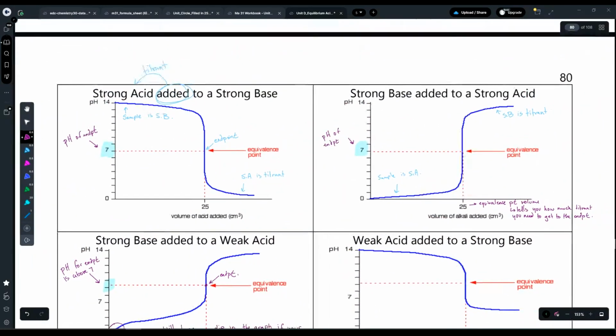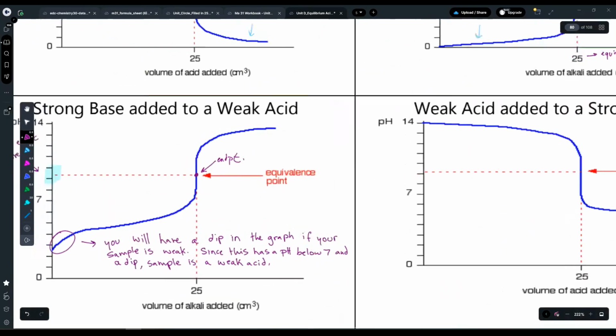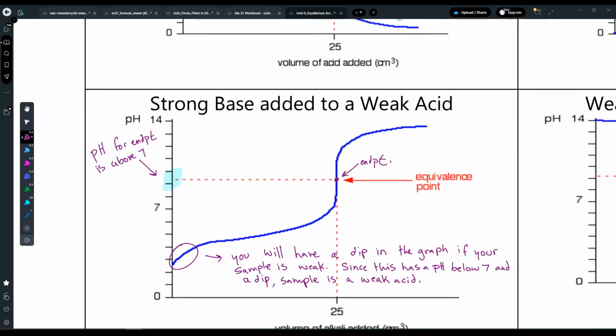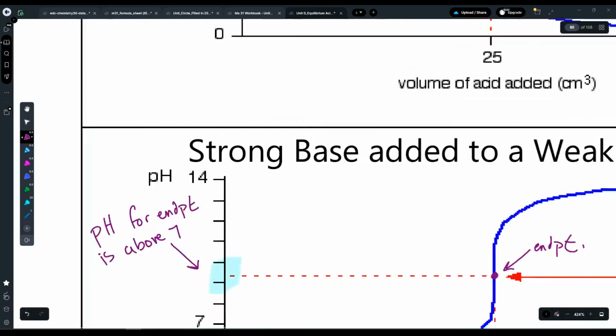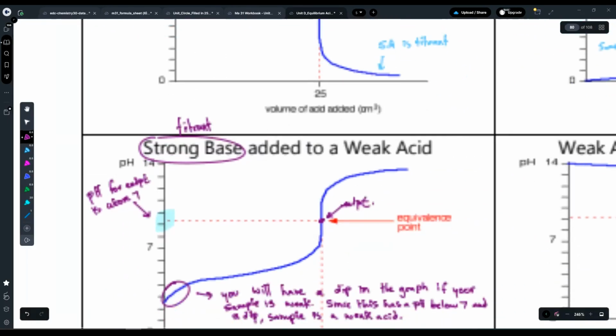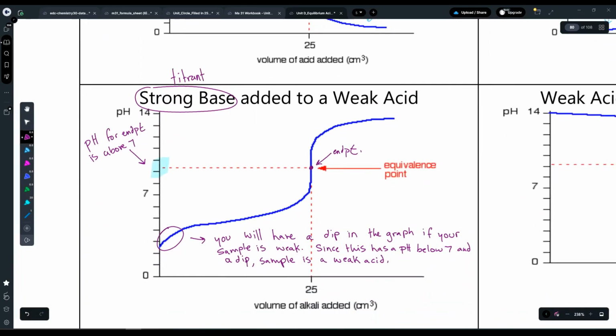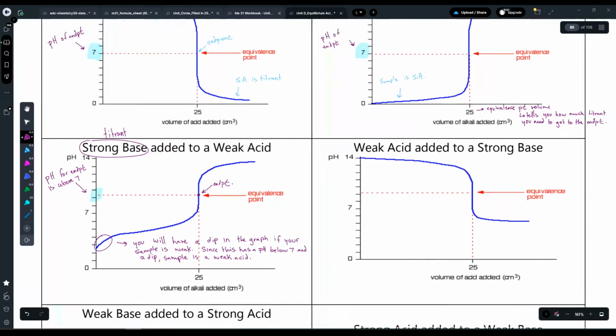So again, just to review, when you are titrating a strong base with a strong acid or vice versa, your endpoint will be at a pH of 7. However, when you're titrating a weak acid with a strong base, so again here, the strong base is your titrant, your pH will be above 7.